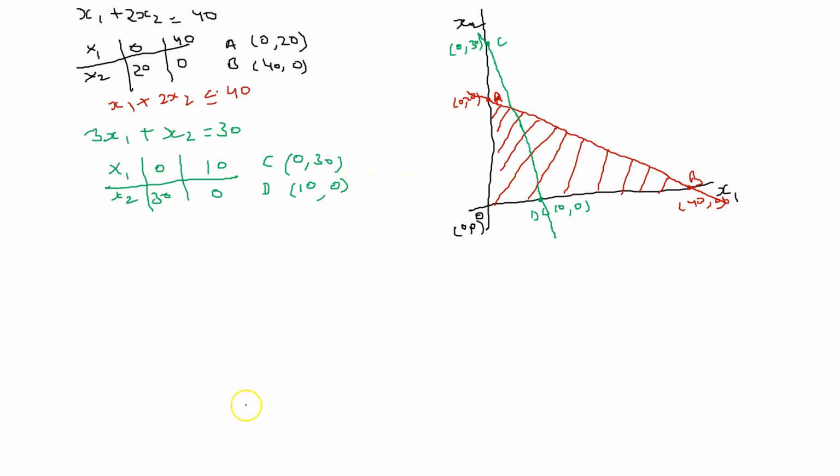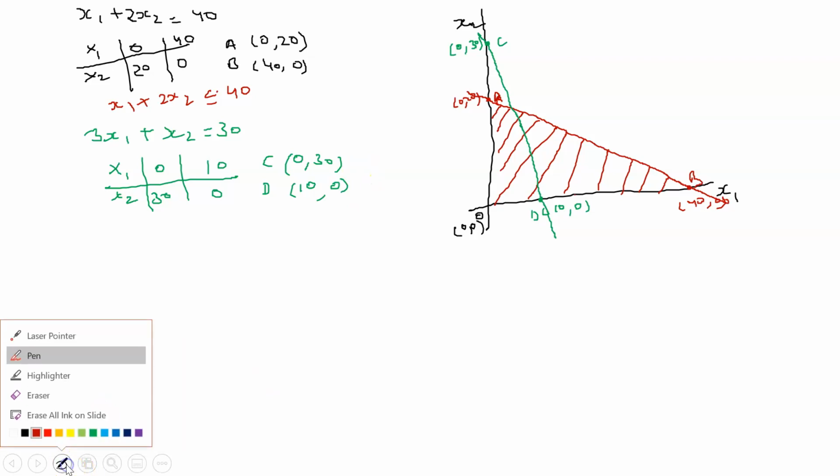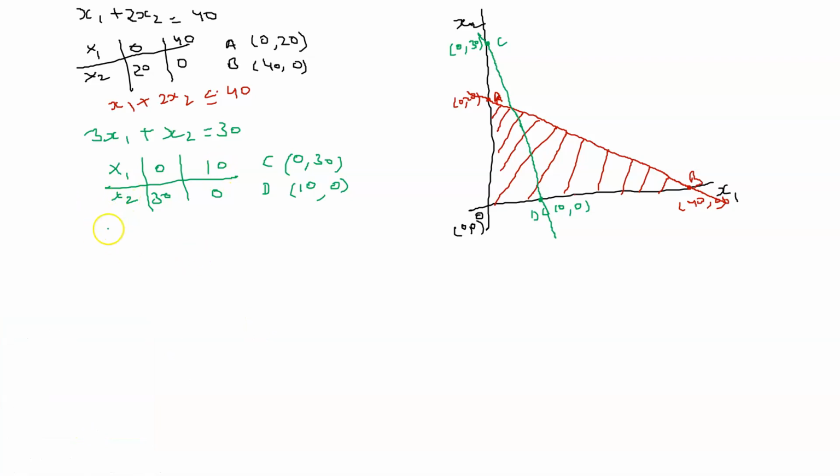Next step, we need to find the region in which this point lies. Let's take the inequality 3x1 plus x2 is greater than or equal to 30. Now let's put 0, 0 in this inequality: 0 plus 0 is greater than 30. It says 0 is greater than 30. No, 0 is not greater than 30.